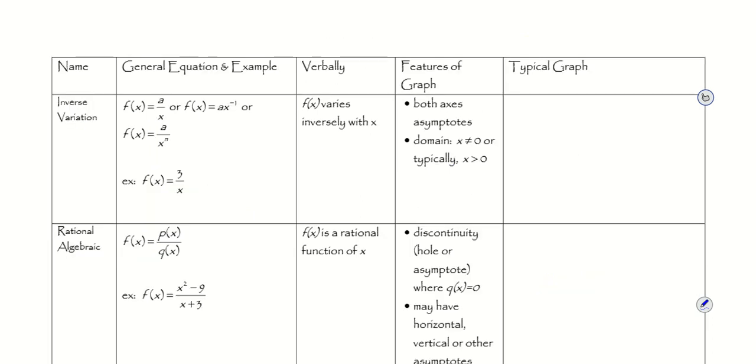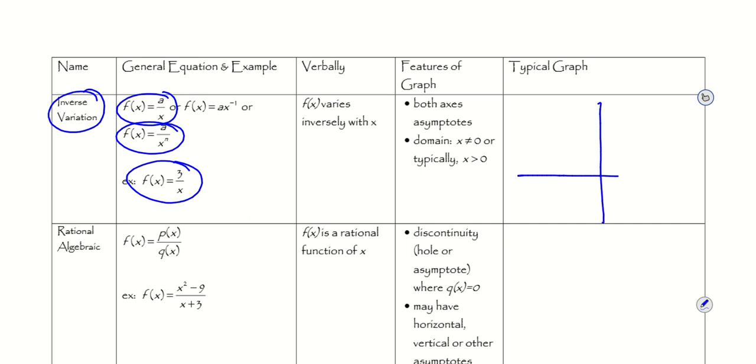We have an inverse variation function, like direct variation and a power function. An inverse variation function is made up of one term that will be of the form a constant over x, or a over x to the n. So this is an example of a power function, and the graph of this power function would look like this.